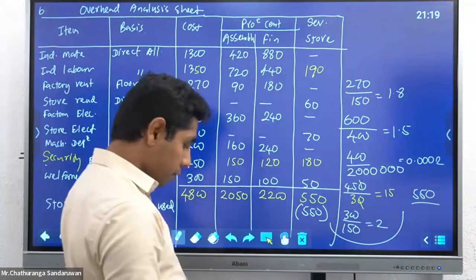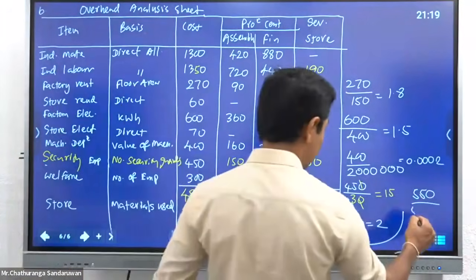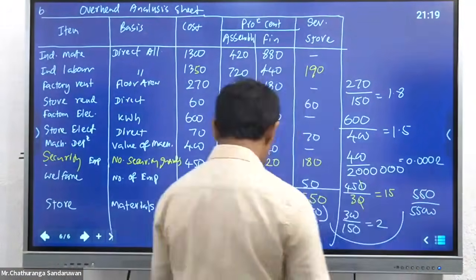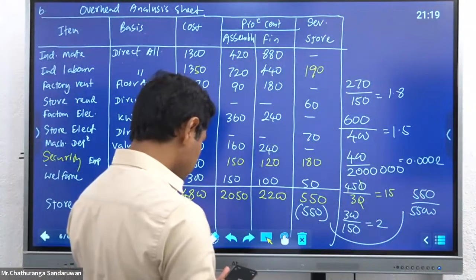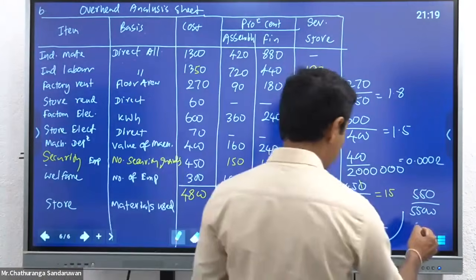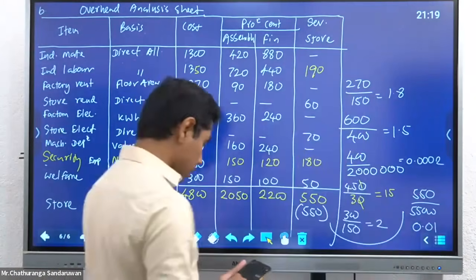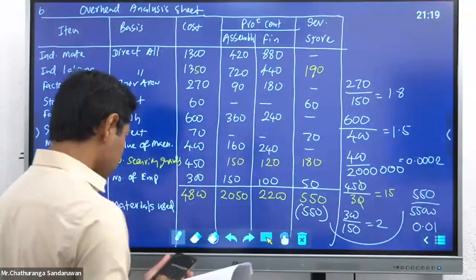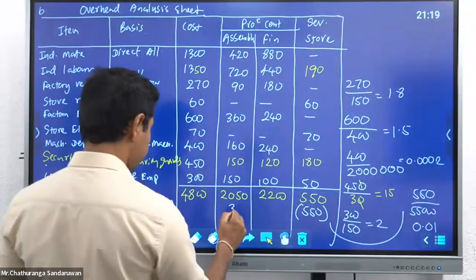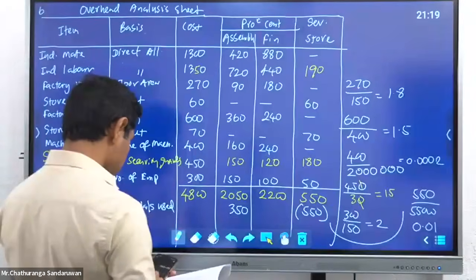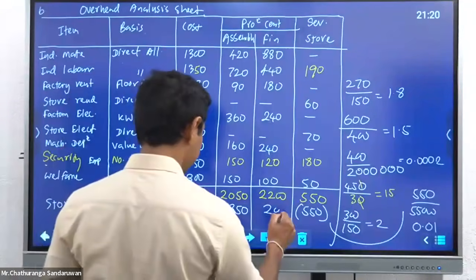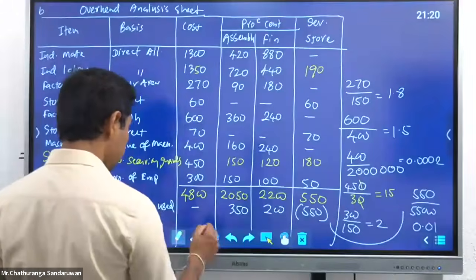So you can see 55,000, right? So 550 divided by 55,000, you get 0.01. That multiplied by 35,000, you get 350 here. That multiplied by 20,000, you get 200 here. Nothing.